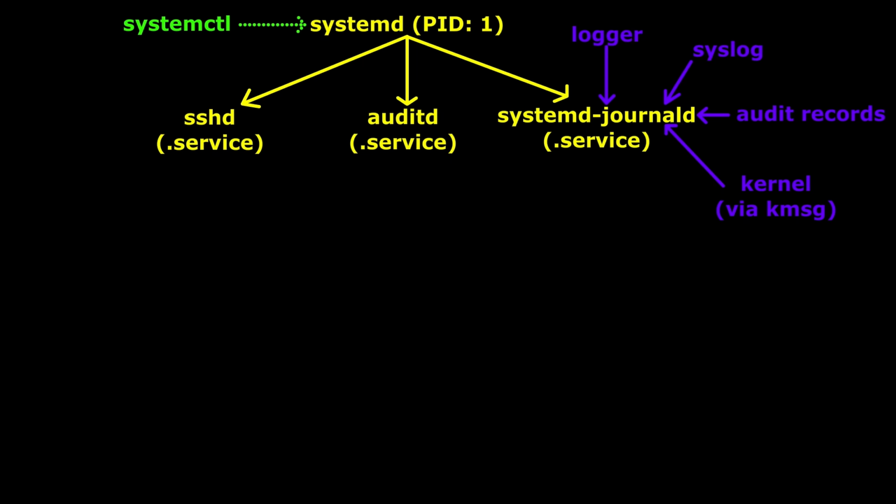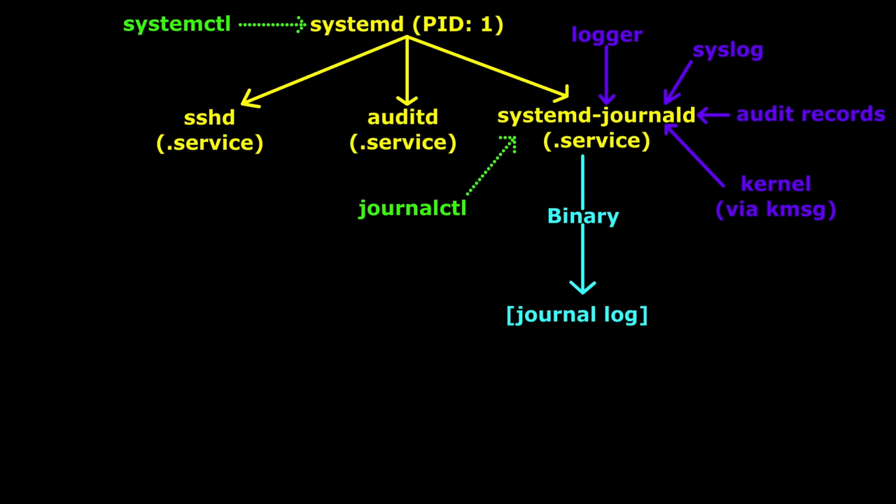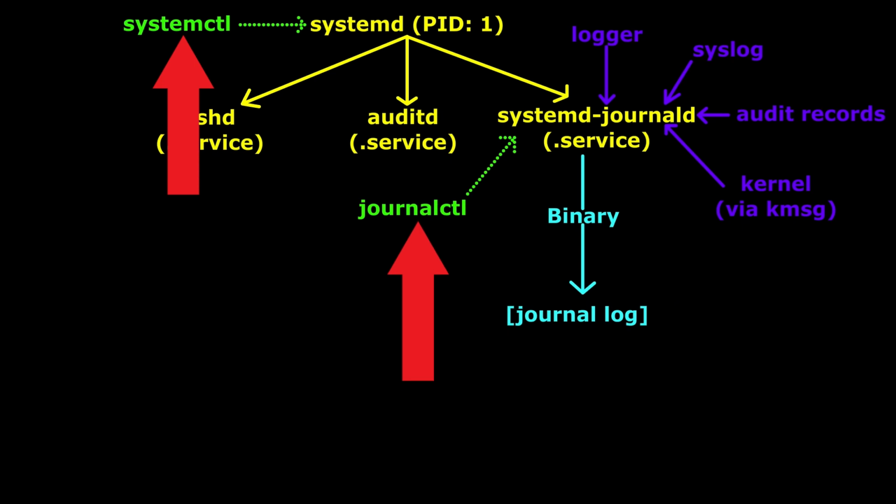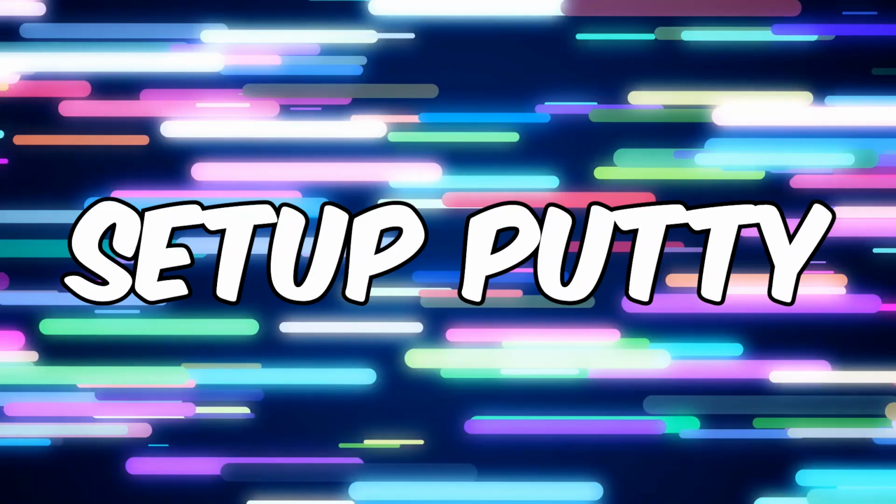These messages come out as binary data and are placed into a file. The way we can query the journal log is via the command journalctl. So systemctl to manage services, and journalctl to query the systemd journal log.